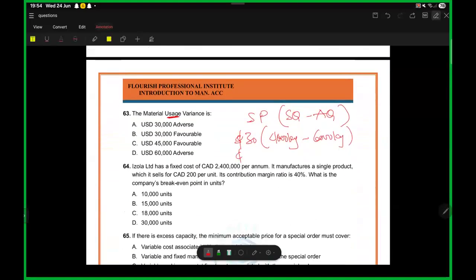So here 30 is multiplying 4,000 minus 6,000, which will give me negative 2,000 kg. But I won't write it negative. I'll rather indicate it as adverse. So 3 times 2 will give me 6, and 4 zeros, 60,000 adverse.